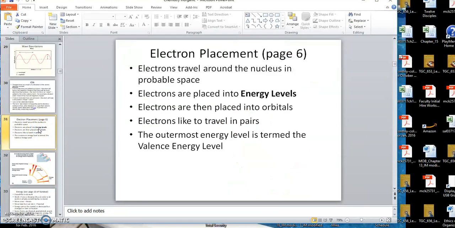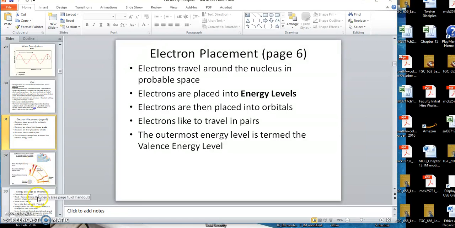In the next energy level, you can place a max of 8 electrons. And then after that would be pretty much the same thing. So when we look at the periodic chart, we will discuss how these are placed. But the other thing is electrons travel in subgroups called orbitals, and in an orbital a pair. However, I'm not going to get into that. That's beyond the scope for this biology course here.